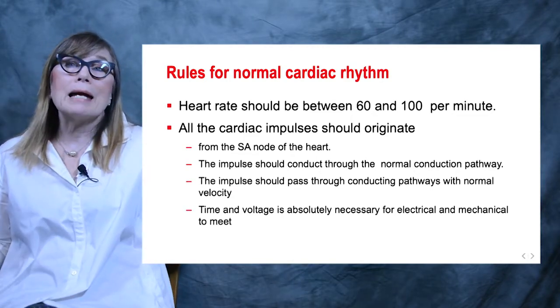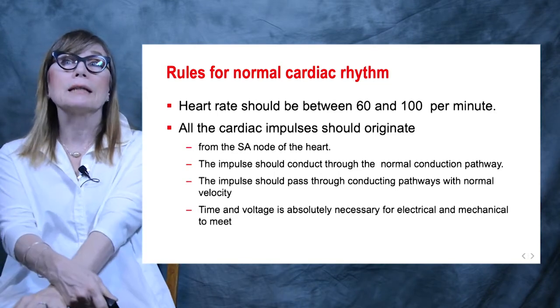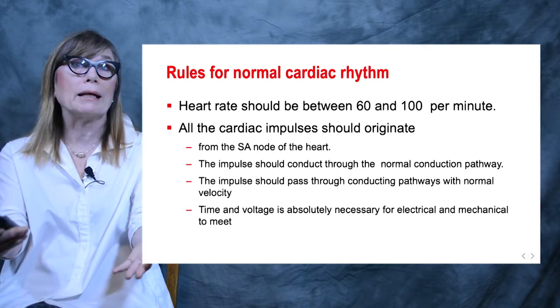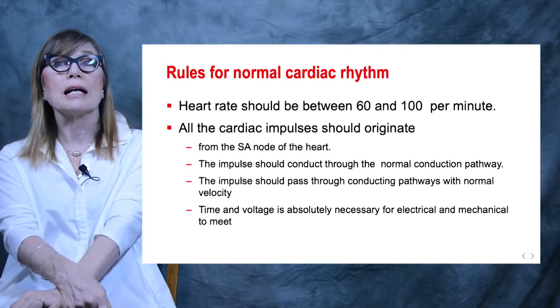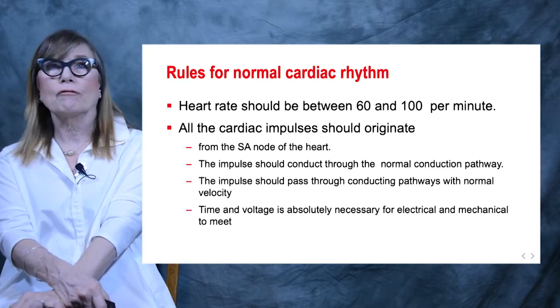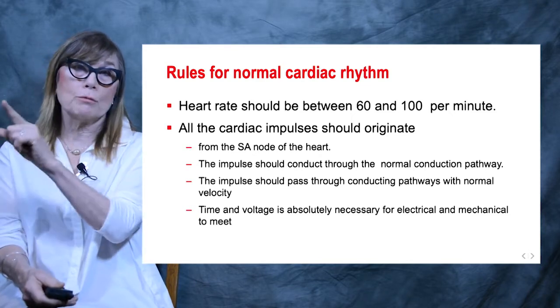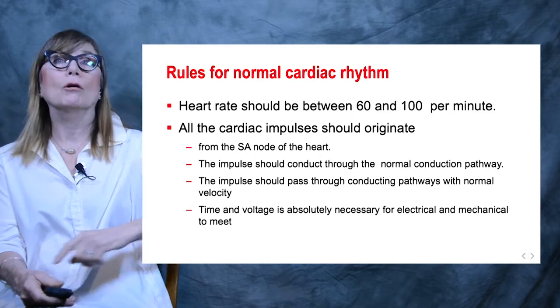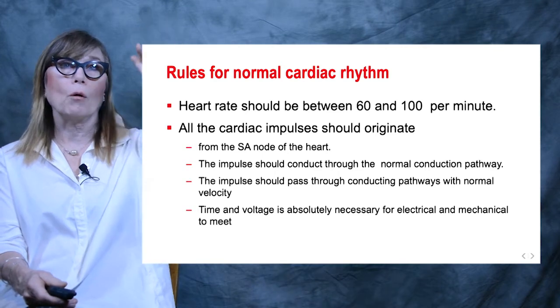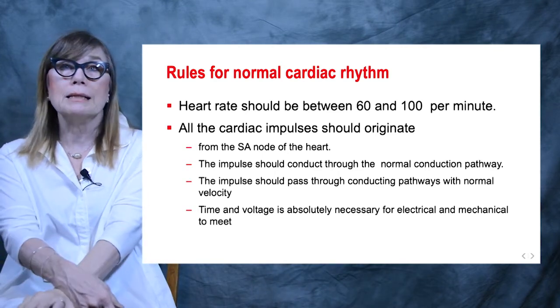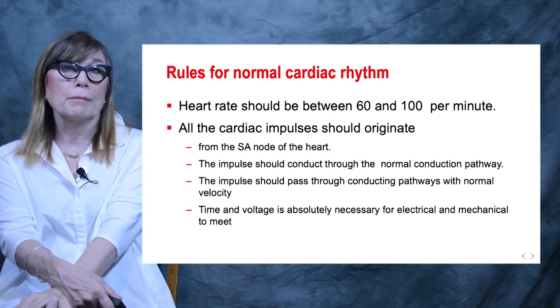So that impulse passing through those conducting pathways with normal regularity and a normal velocity give us significant information. Time, meaning the time counting your small boxes across, and voltage, meaning counting your boxes up or down, is absolutely necessary for electrical and mechanical to meet.